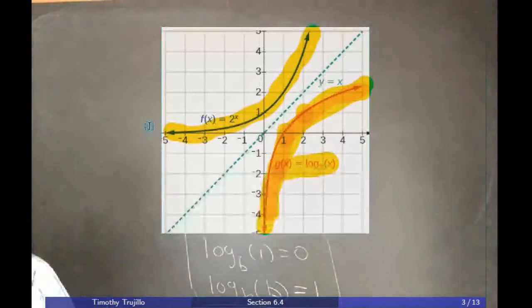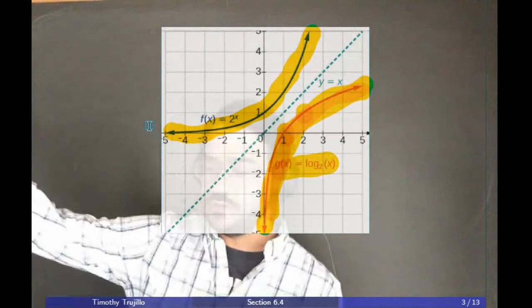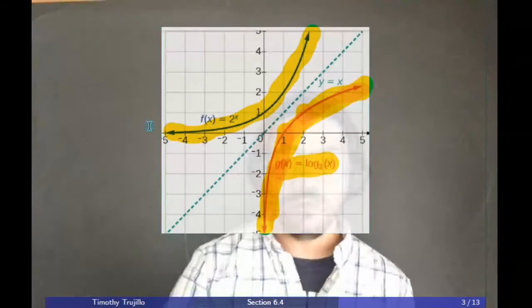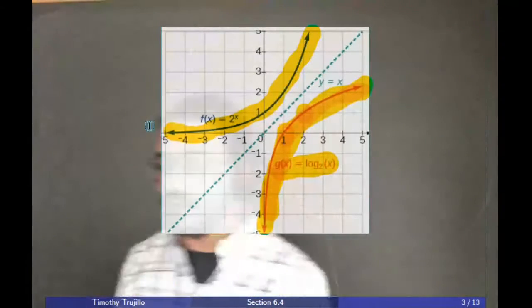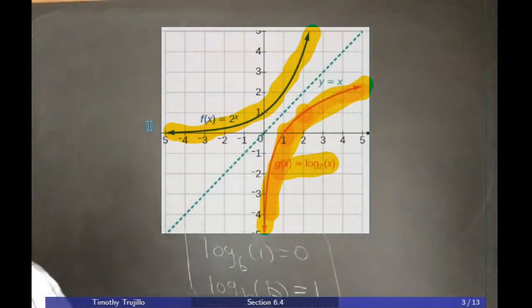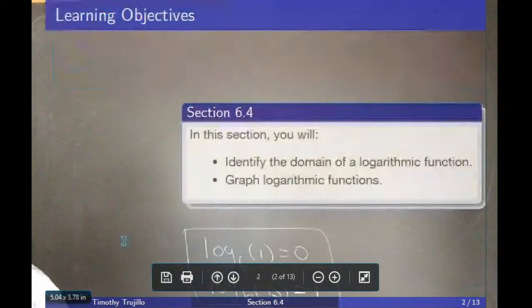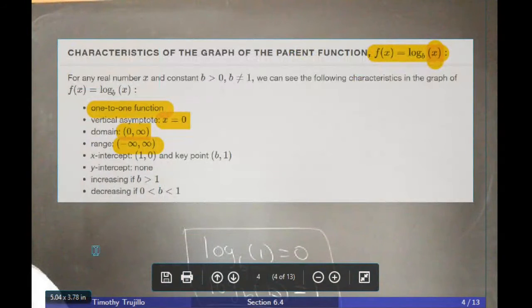The graph looks like it maybe has a horizontal asymptote, like it's flattening out, but it doesn't. It goes through all possible y values, all the negative ones and all of the positive ones. So the range is negative infinity to infinity.